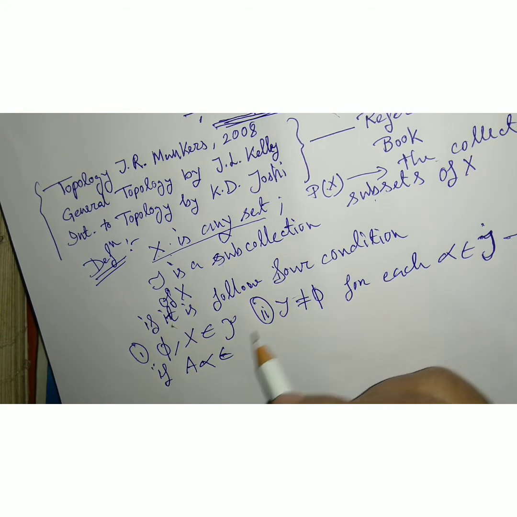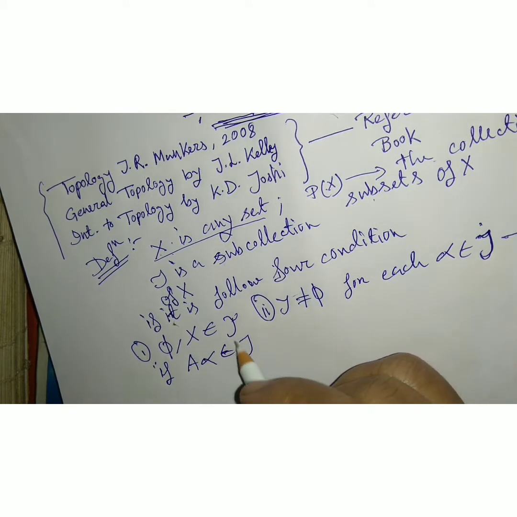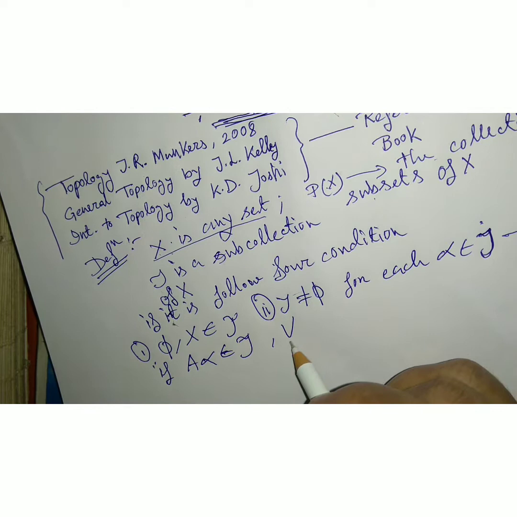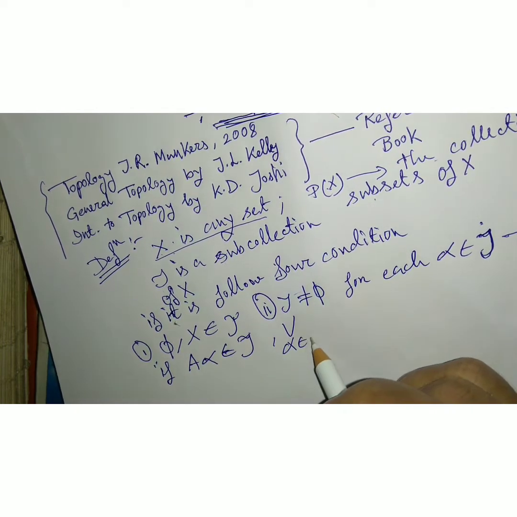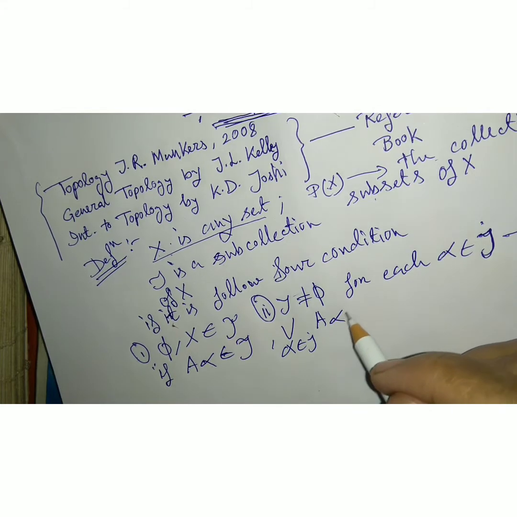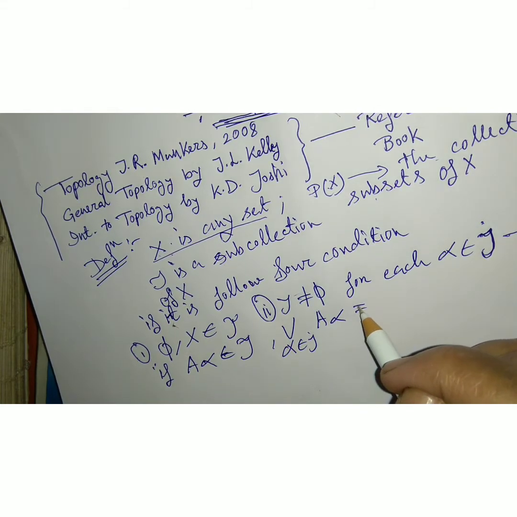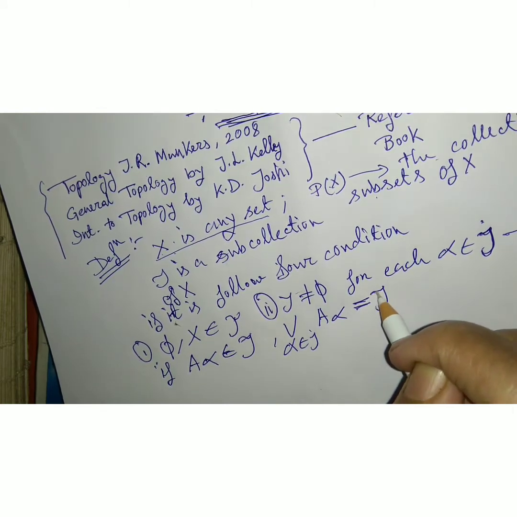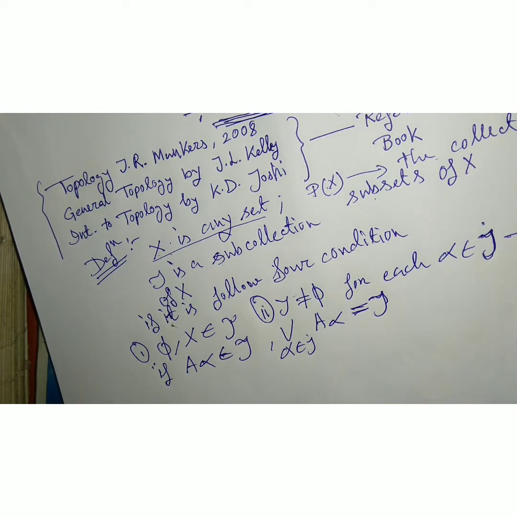So if A alpha belongs to tau, then the union over alpha belonging to J of A alpha belongs to tau.